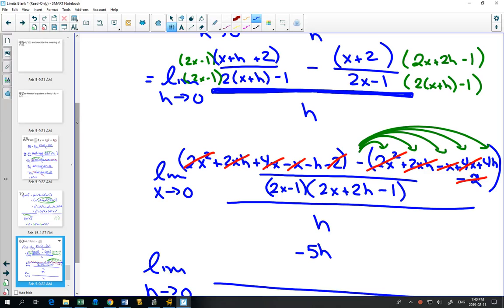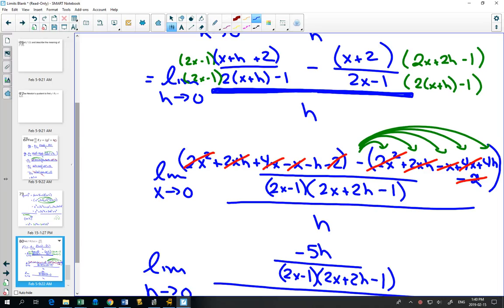So I just get negative 5h, and then this is all over 2x minus 1 times 2x plus 2h minus 1. Things are going to get really nice here.